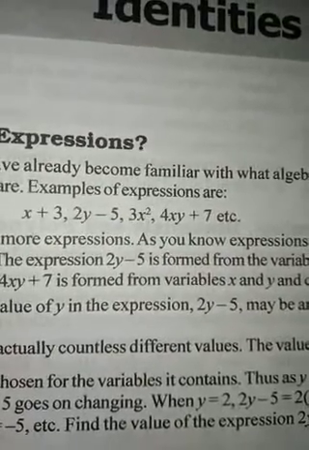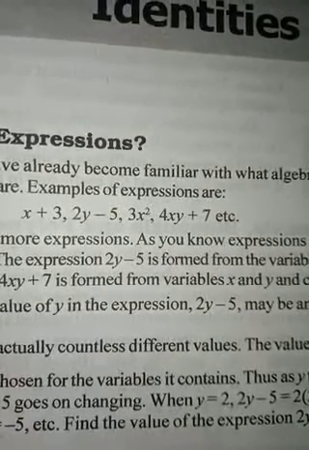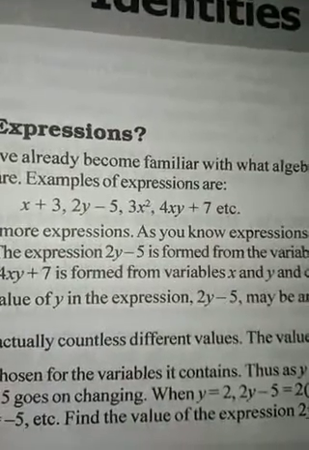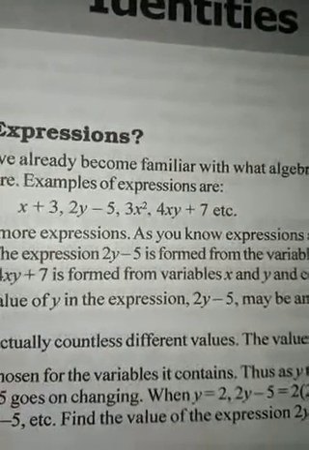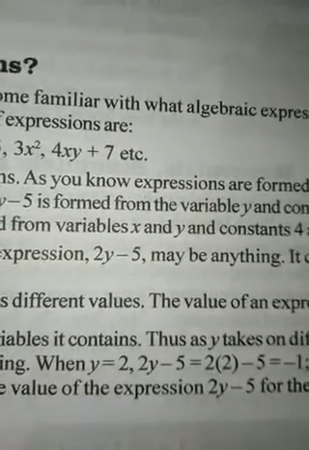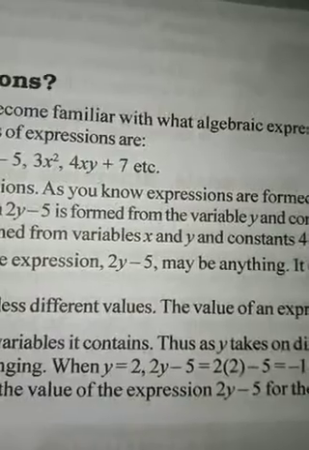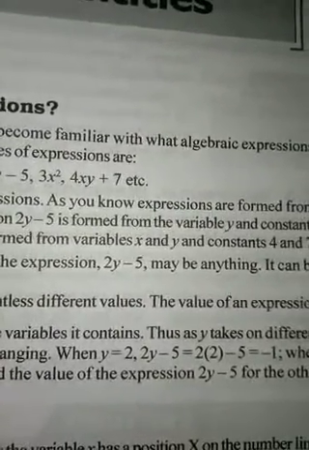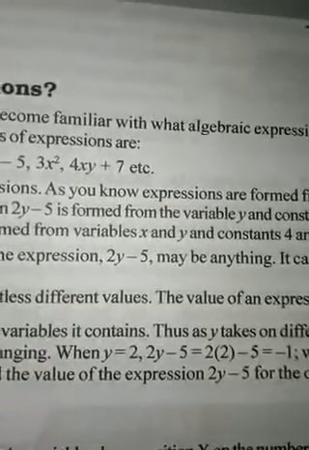This is called the expression. Expression is formed from variables and constants. If I give values for y, it may be 2, 0, 5, 2, etc. It goes on. The value depends on the variable value we are going to give, isn't it?